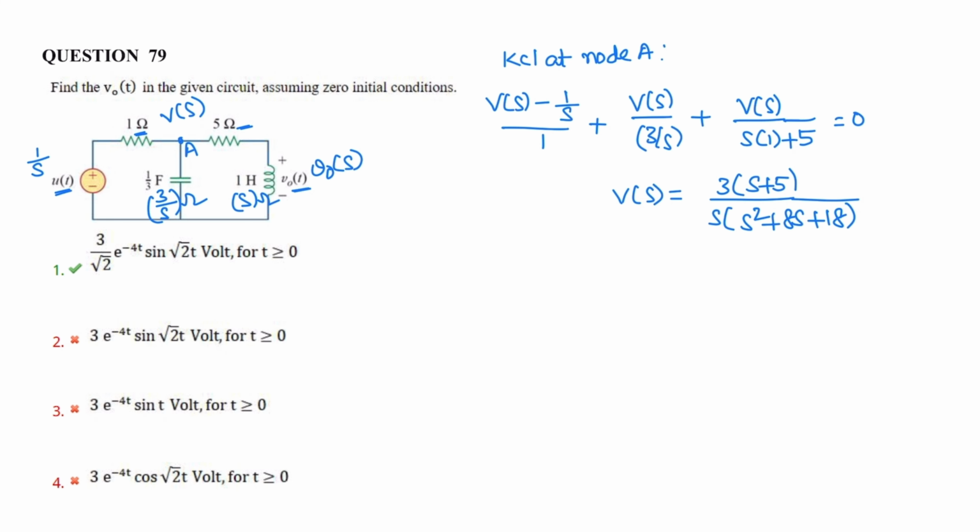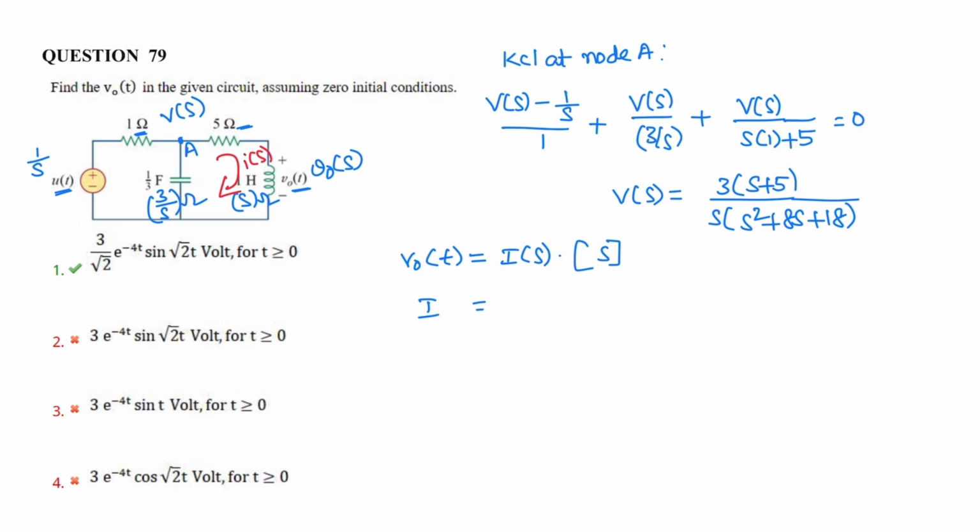Now we require the output voltage V naught of t. This output voltage V naught of t is, let us assume some current. This is a current I of s. V naught of t is current I of s into 1 ohm, that is s ohm.